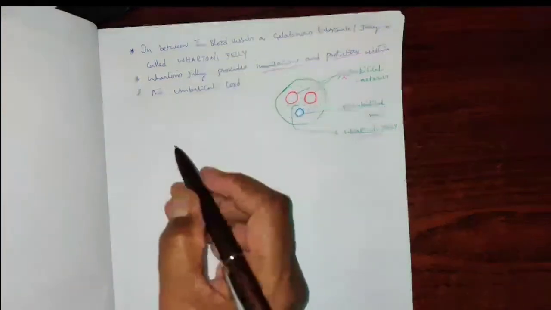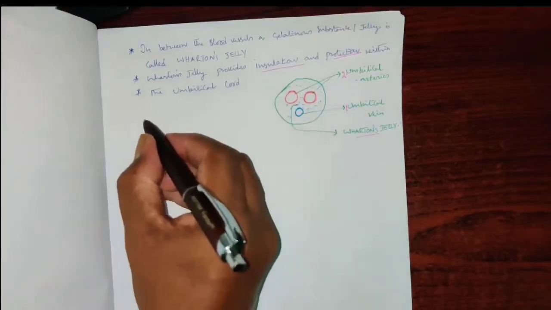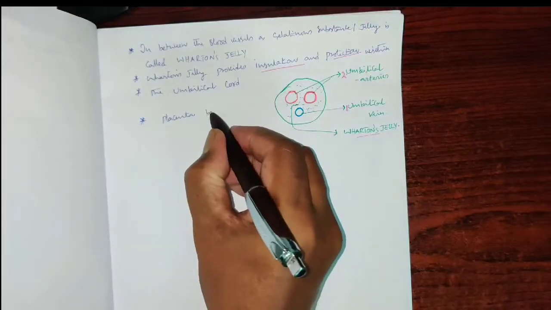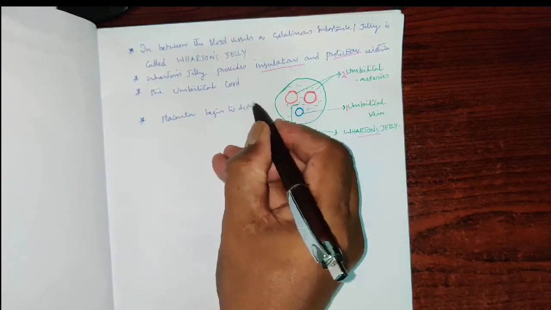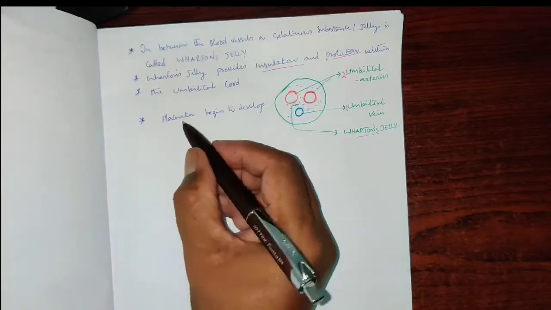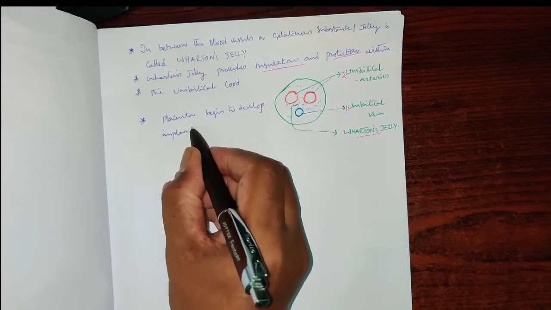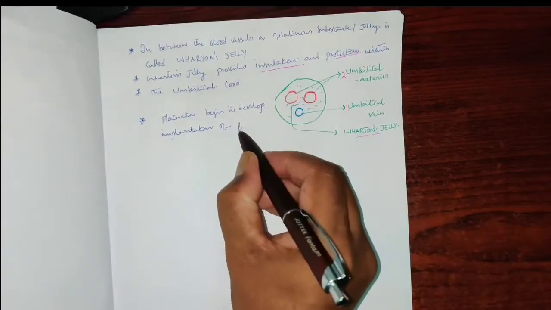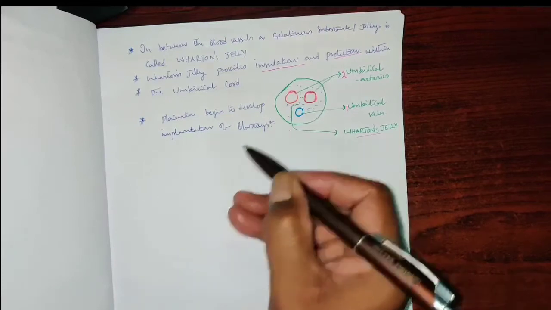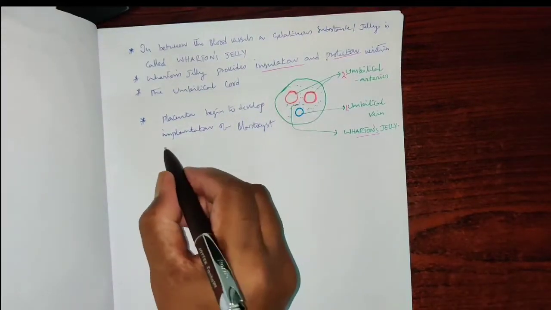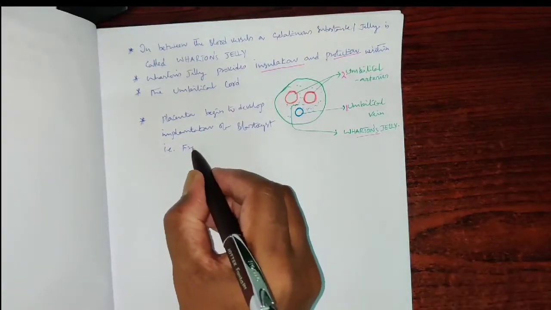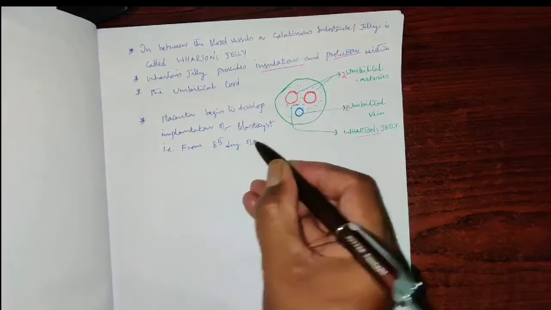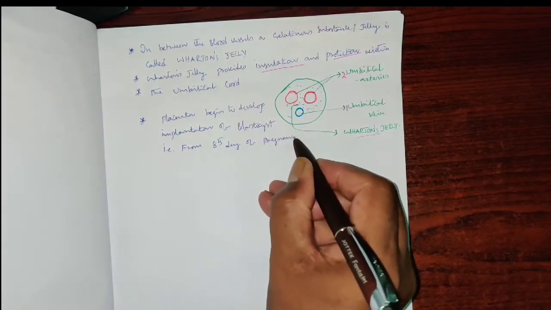Now placenta. Placenta begins to develop after implantation of blastocyst, that is from the 8th day of pregnancy.